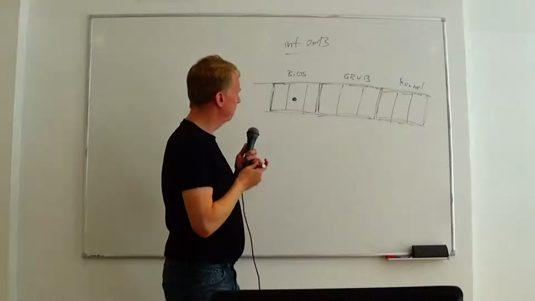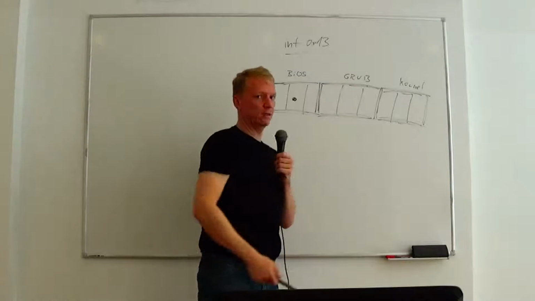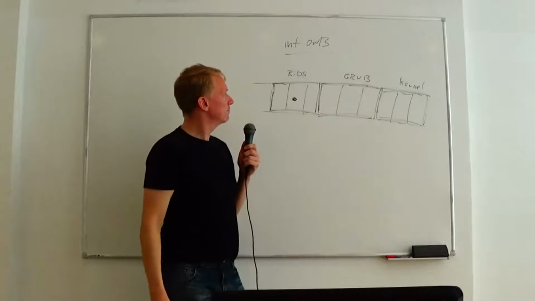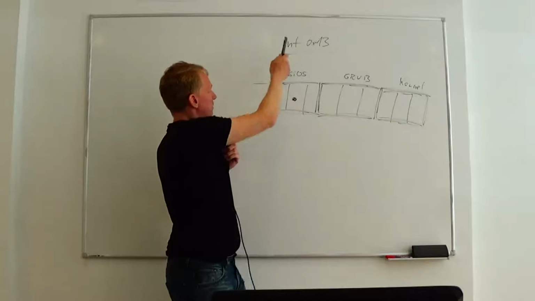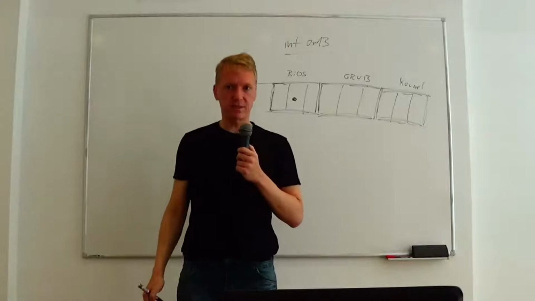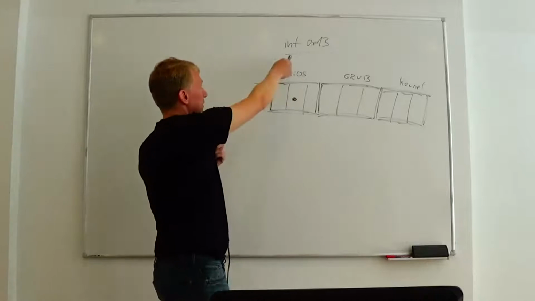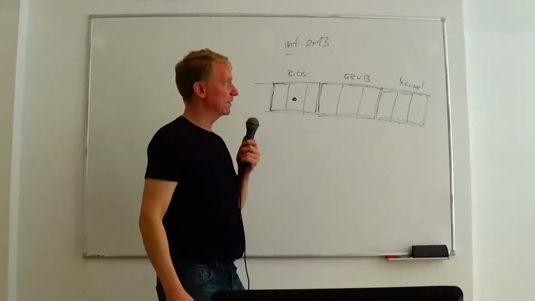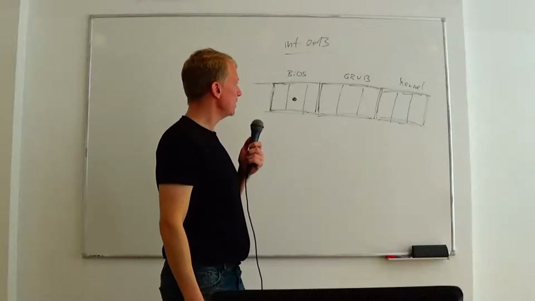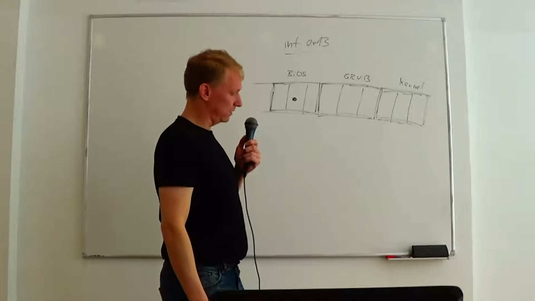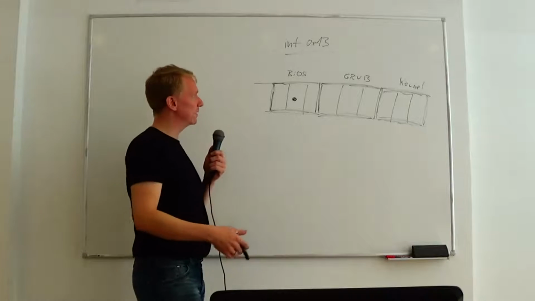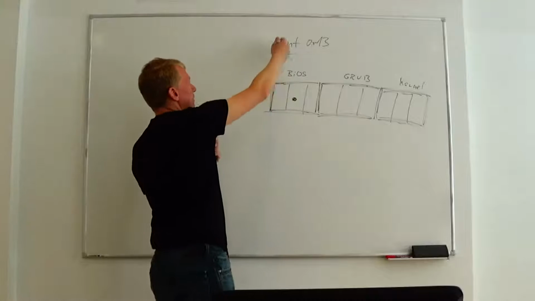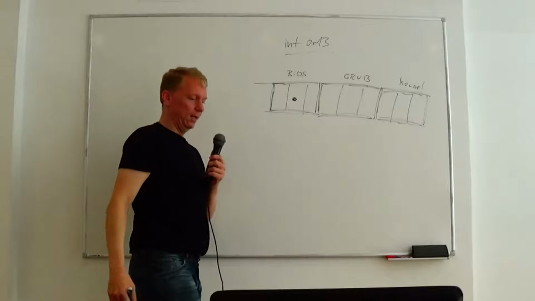But the problem is GRUB puts us in 32-bit mode, even before our kernel starts, and these VESA BIOS extension interrupts are deactivated in 32-bit mode. So what you could do is go back to a 16-bit mode, and then you would be able to use that interrupt.